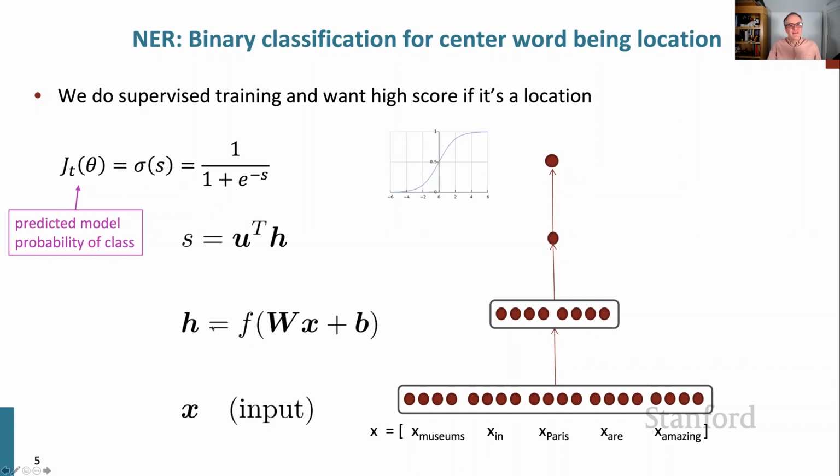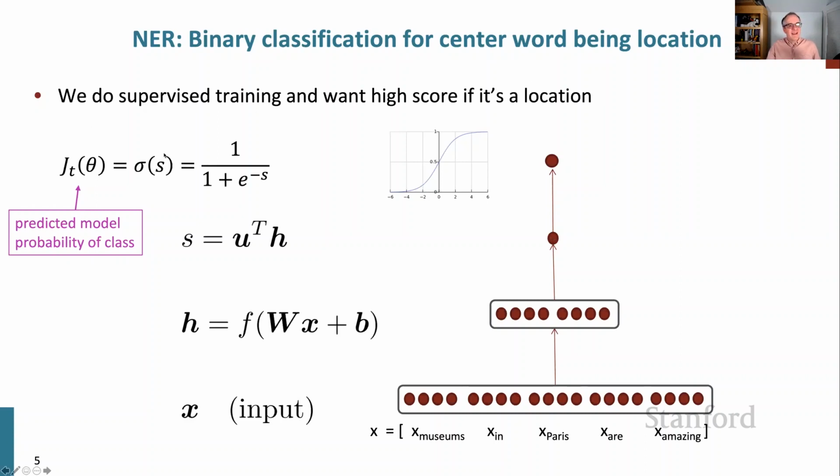And that will give us a hidden vector, which might be of a smaller dimensionality, such as this one here. And then with that hidden vector, we're going to take the dot product of it with an extra vector. Here's u, so we take u dot product h. And when we do that, we're getting out a single number. And that number can be any real number.